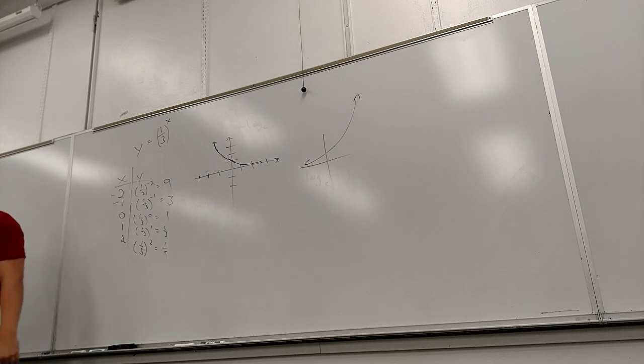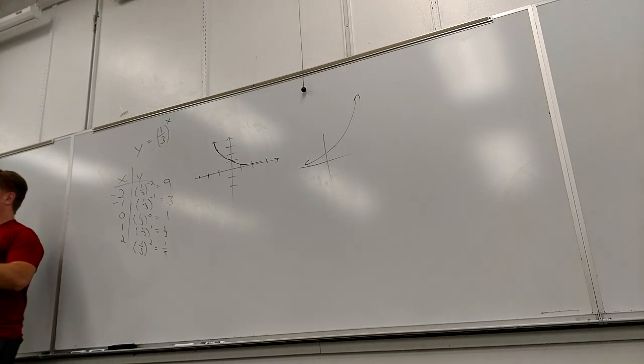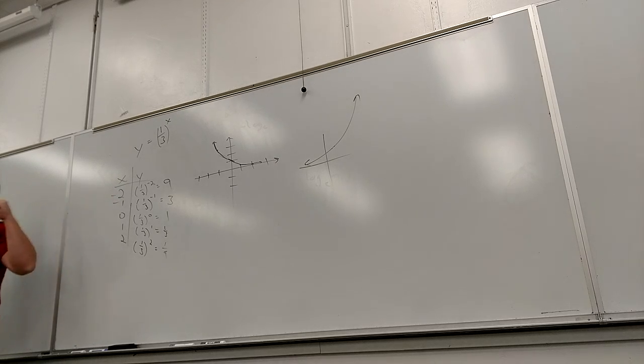Now, why would this not be good to use if my function was the square root of x? Because square roots can't handle negatives, so I'm not going to use those, obviously.